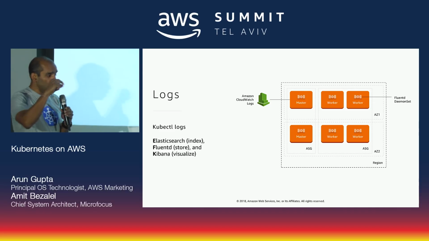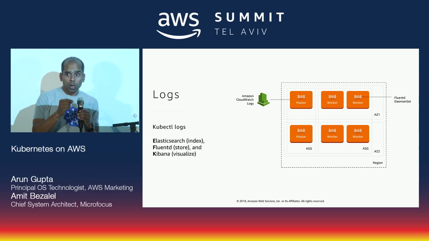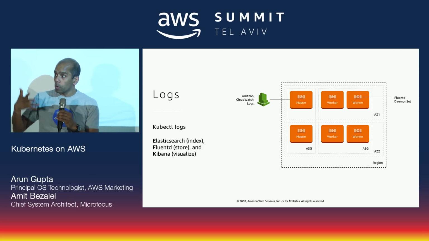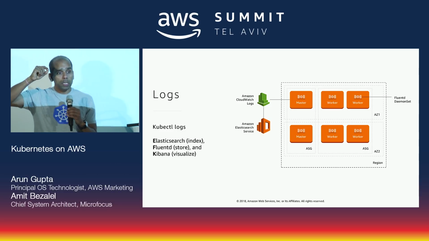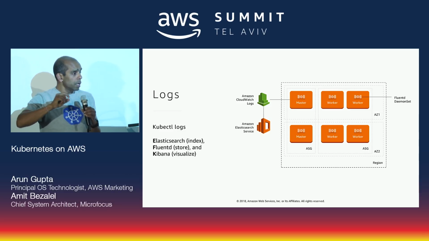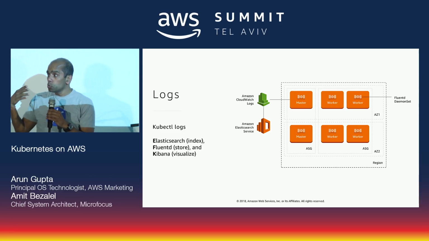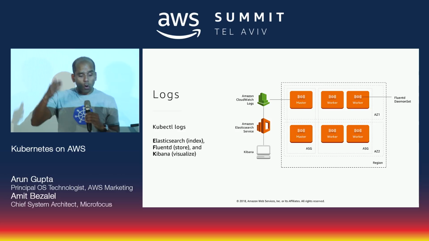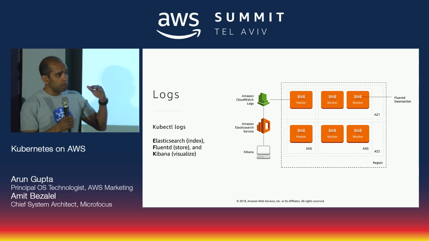Then from there, Fluentd will pick up that Docker log, and it will dump it into the CloudWatch logs. So CloudWatch logs kind of gives you a central place where all this would exist. Then from CloudWatch logs, there is a plugin that you can connect to saying, OK, just guide it to Elasticsearch, because that gives me easy way to search all the logs. And then on top of that, you can set up your own Kibana dashboard.